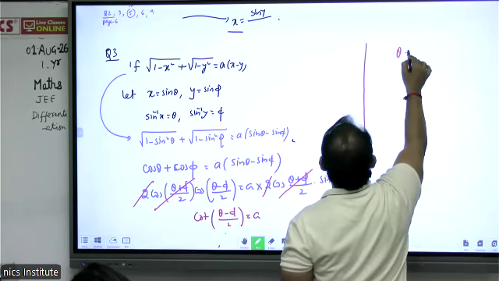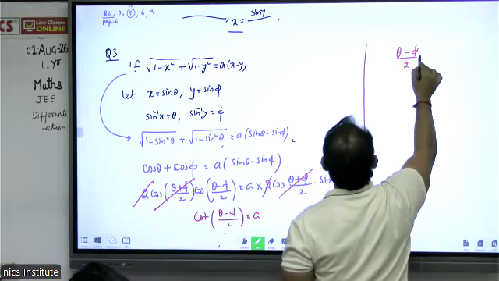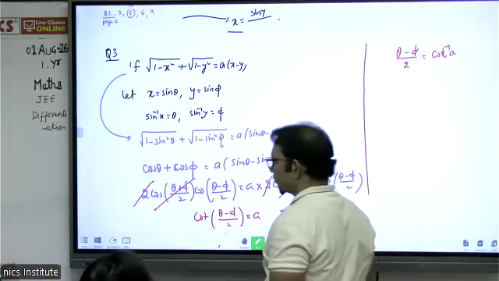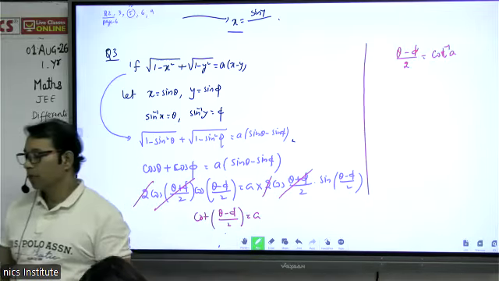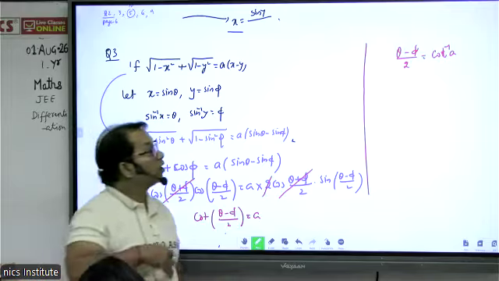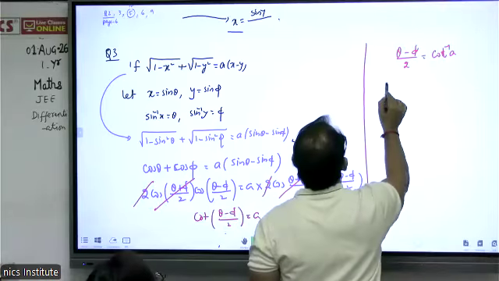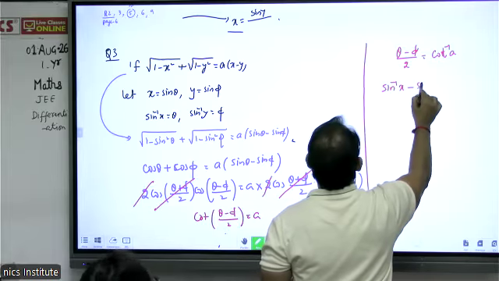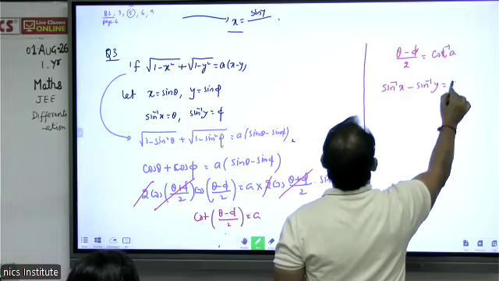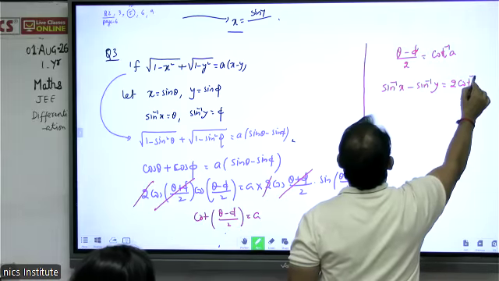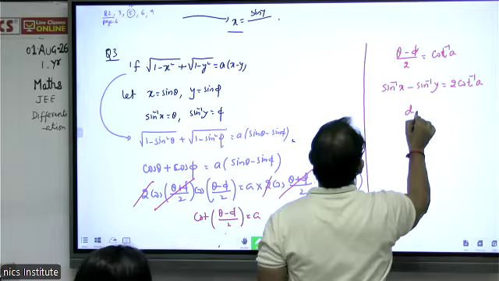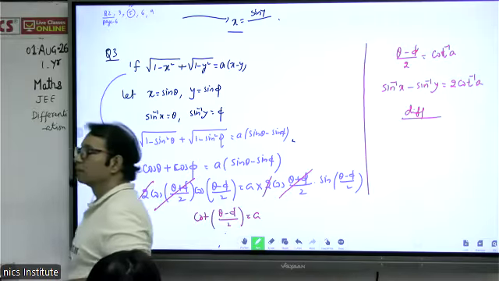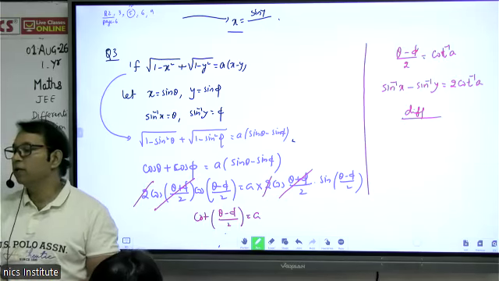So next, theta minus phi divided by 2 is equal to cot inverse a, taking cot inverse of both the sides. Now replace theta and phi. What is theta? Theta is sine inverse x. Phi is sine inverse y. So sine inverse x minus sine inverse y is equal to 2 cot inverse a. Now differentiate and you get your answer.